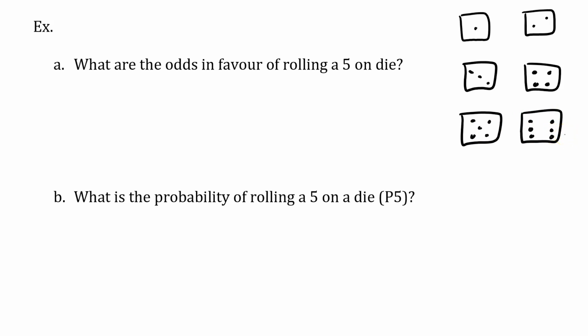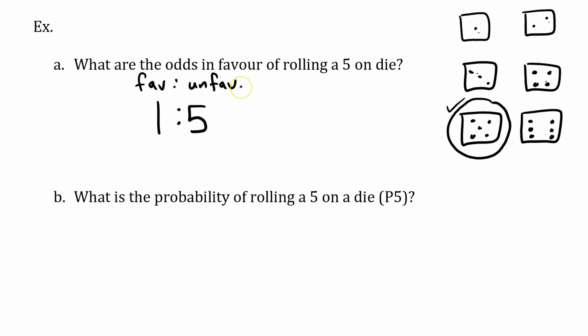The odds in favor of rolling a 5 are going to be one favorable outcome, so this is the favorable outcome, to 1, 2, 3, 4, 5 unfavorable outcomes. So this is going to be our favorable to unfavorable. This is how we would express odds in favor.